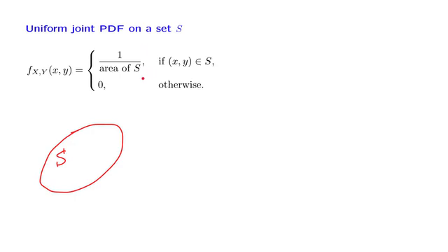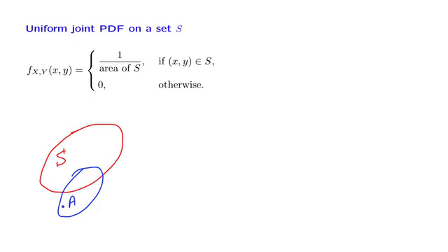To calculate the probability of a certain set A, we want to ask how much volume is sitting on top of that set. And because in this case the PDF is constant, we need to take the height of the PDF times the relevant area. What is the relevant area?